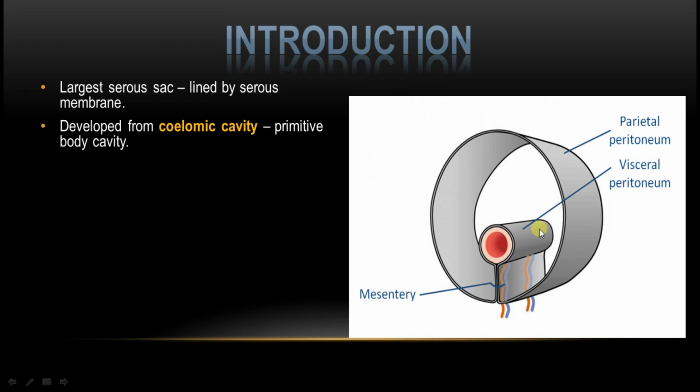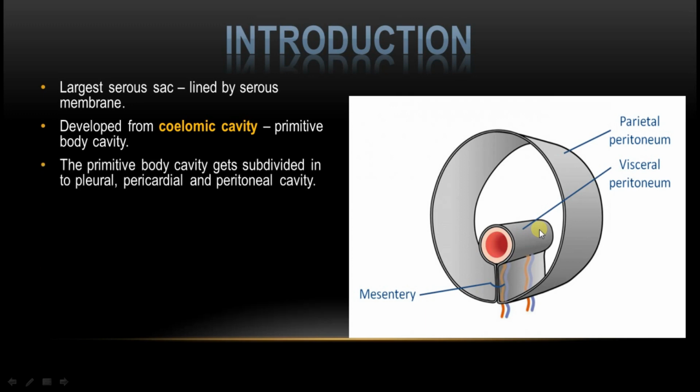So a very large space, but we don't have such a large space because all the space has been occupied by the various viscera. As the viscera invaginate into this peritoneal cavity, they bulge, they grow, they elongate, and thereby all the space is occupied by the viscera which enter into this cavity.